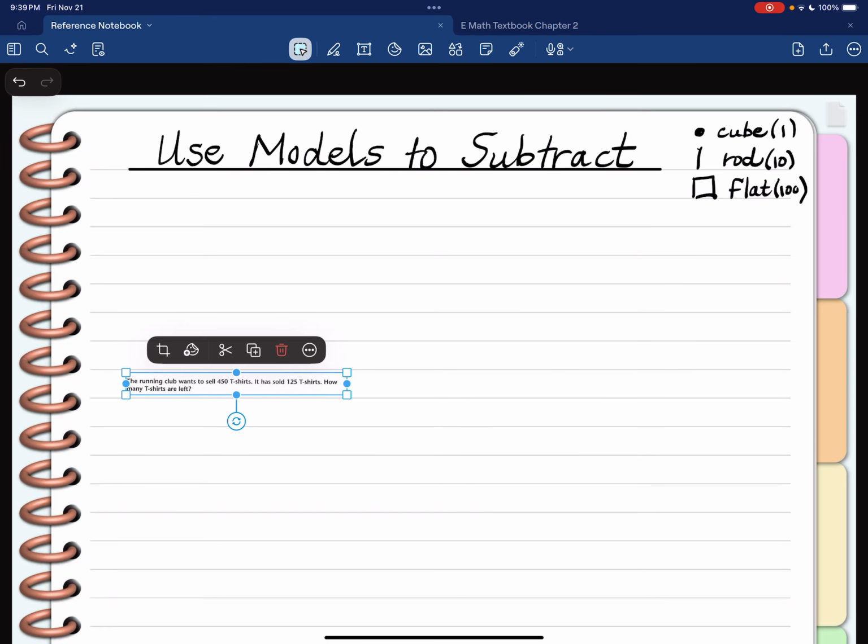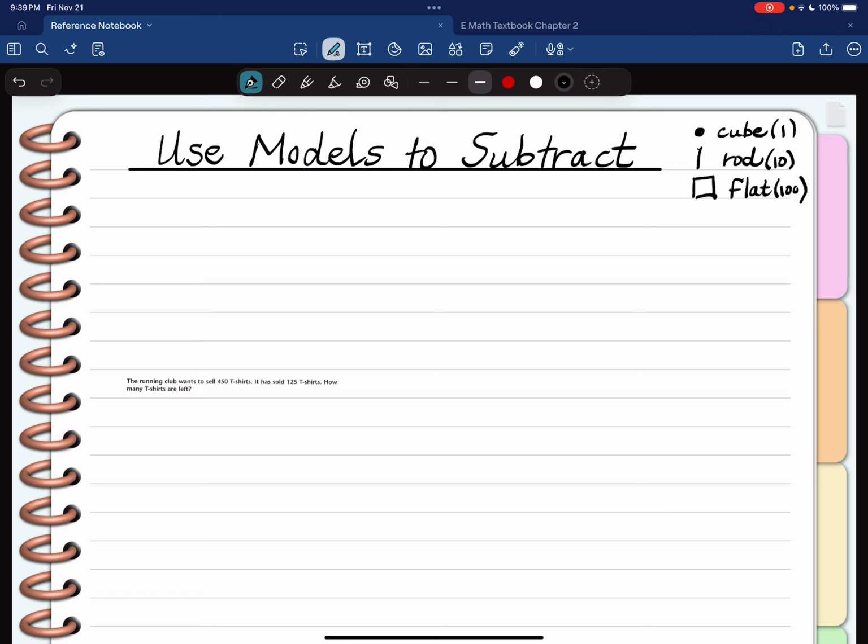Let's write this question into our notes. Can't write in the textbook, so let's bring it where we can work with it. And you can pause the video. Remember, you can also speed up the video. If I'm moving too slowly for you, you can set your playback to double speed.